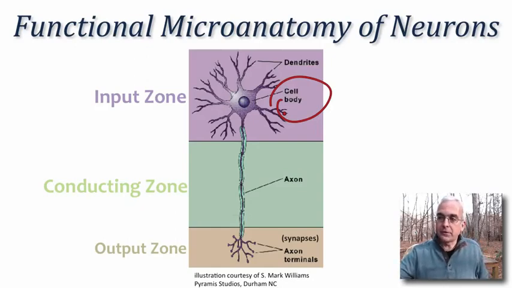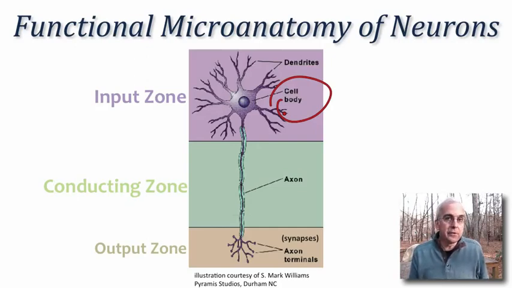For most neurons, this cell body is actually quite rich in organelles because of the incredible synthetic capacities that are required for neurons to maintain their morphology as well as to support their function. So we find an abundance of endoplasmic reticulum, both smooth and rough, for example, for the synthesis of lipid molecules and proteins, respectively.